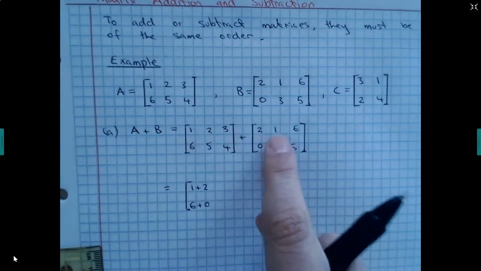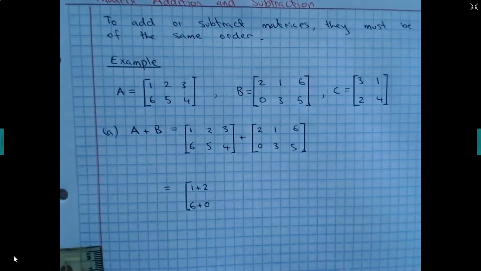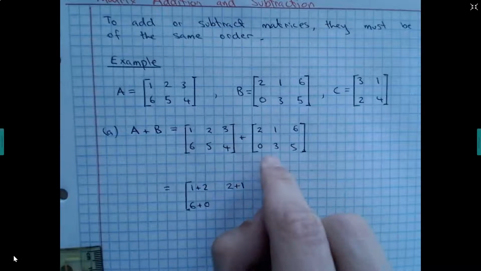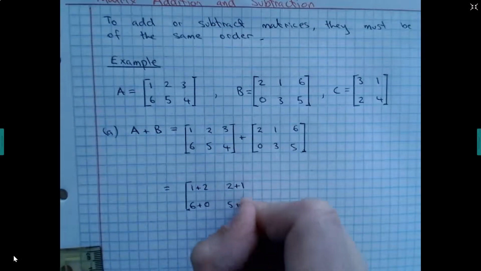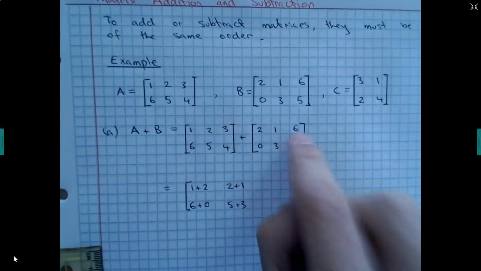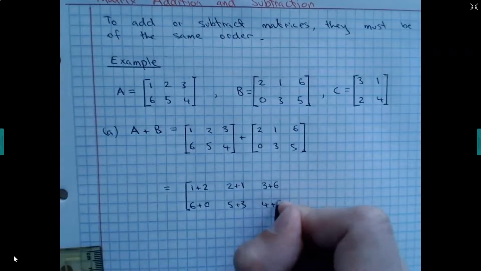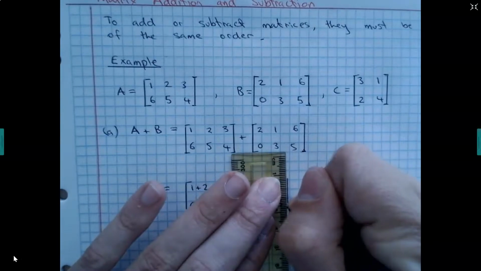Then the 2 is going to be added with the 1 because they're in the same position, and so on. 2 plus 1, 5 plus 3, 3 plus 6, and 4 plus 5. And then you can shut that matrix.